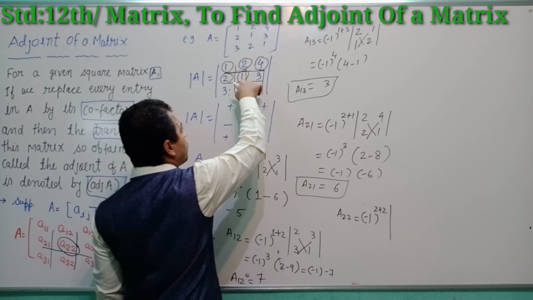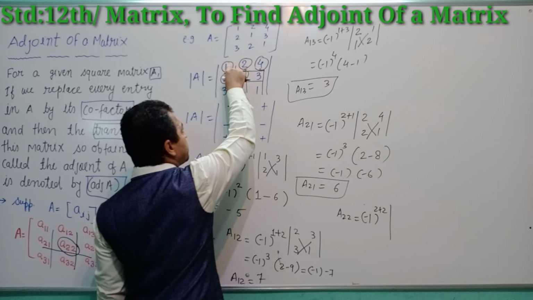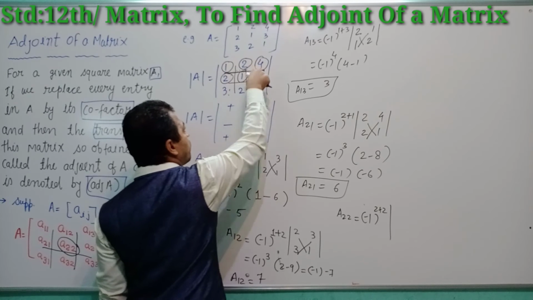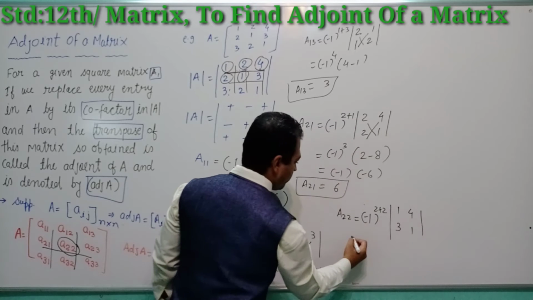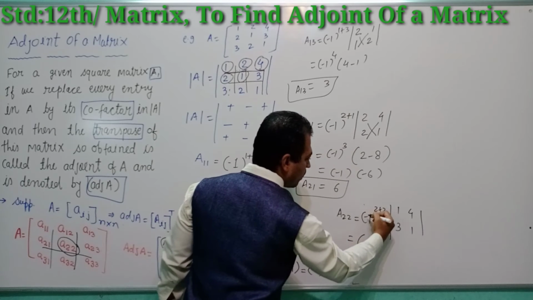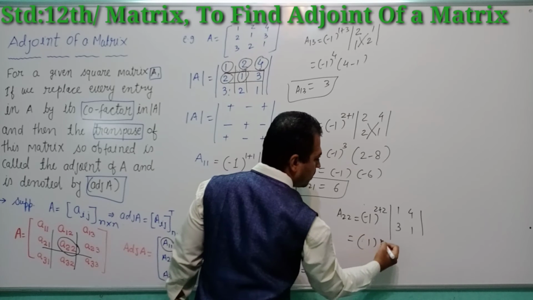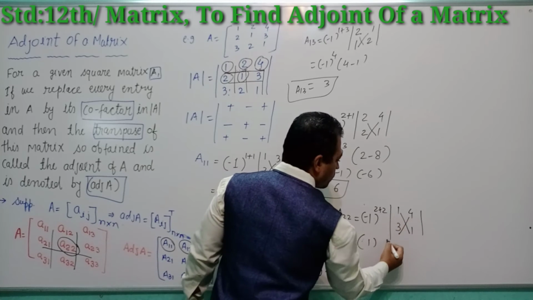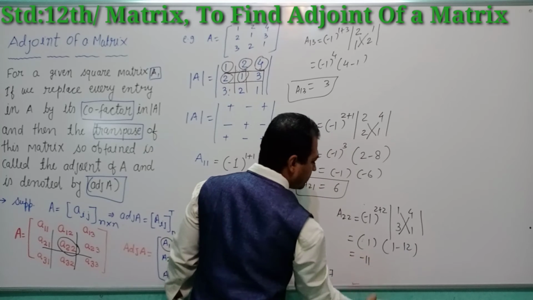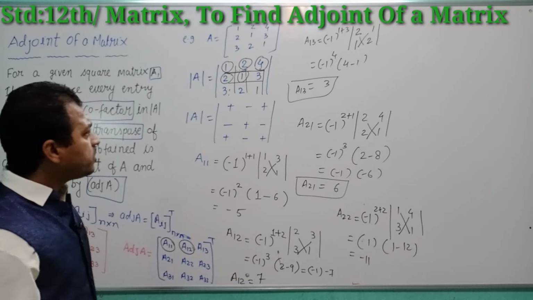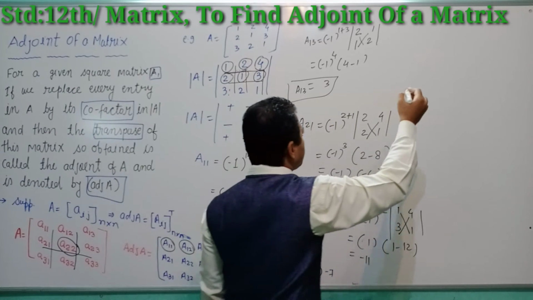So you will get 1 3 and 4 1. Positive even power, so minus 1 to the power 4 is plus 1. Cross multiplication, 1 minus 12, so you are getting minus 11. Right, students?